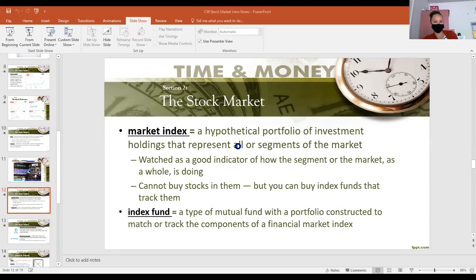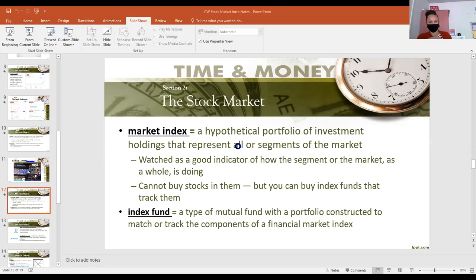Okay, so there's a link down here also I want to go to. The Dow Jones Industrial, these just might be some of the things you've heard, is a market index that tracks stocks from 30 of the biggest companies, most of which are traded on the New York Stock Exchange.